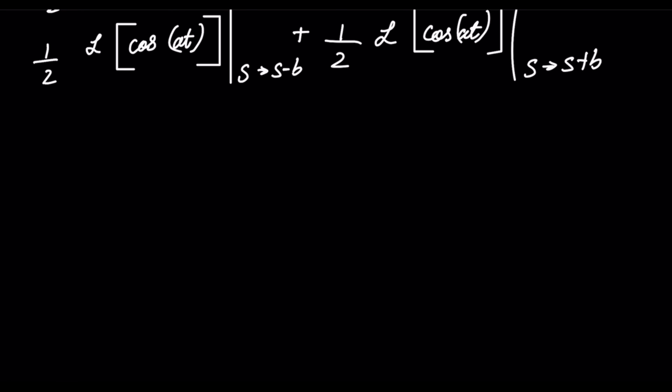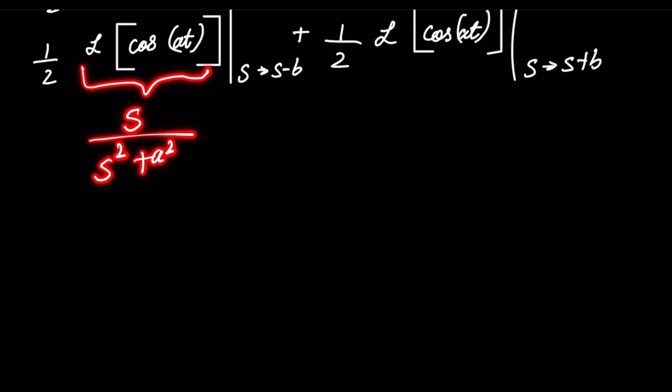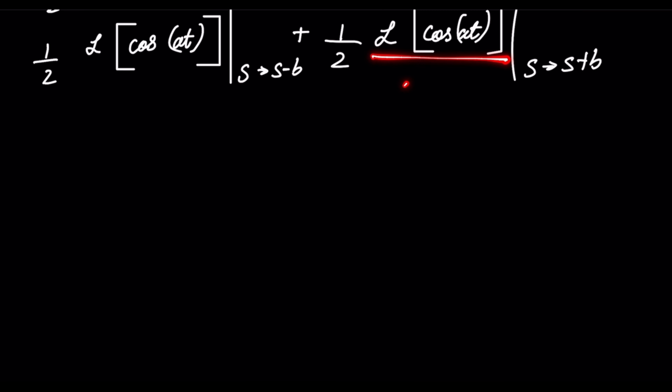We already know that the Laplace transform of cos at is s divided by s squared plus a squared, and here s is going to be replaced with s minus b here and here. Similarly, for this one, we will take its Laplace transformation, s divided by s squared plus a squared, and replace every s with s plus b. This will be giving us our final answer.